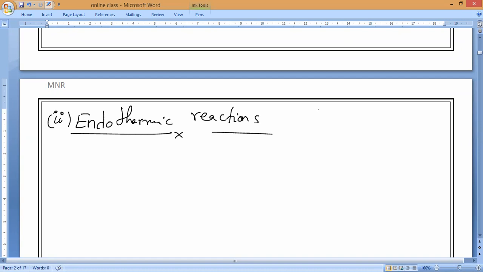The chemical reactions for which heat energy is required to carry out. That is the reactions. Please, all of you write.